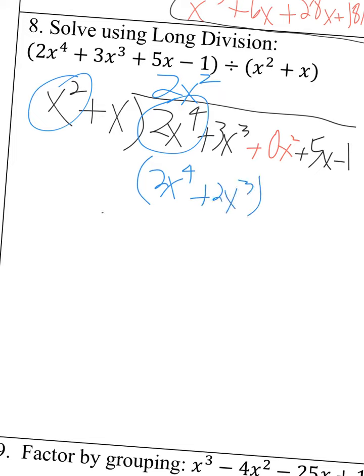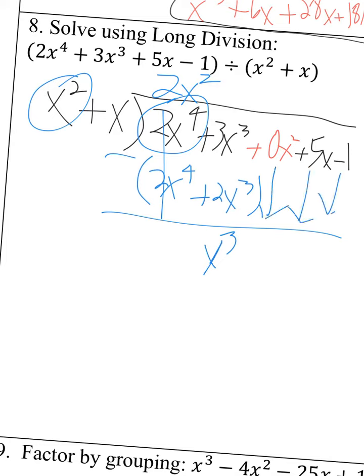All right, and so I'm going to subtract. The first term should always cancel. Then you have 3x to the third minus 2x to the third, so that's x to the third. Bring everything else down, so plus 0x squared plus 5x minus 1. Look at the outside terms.